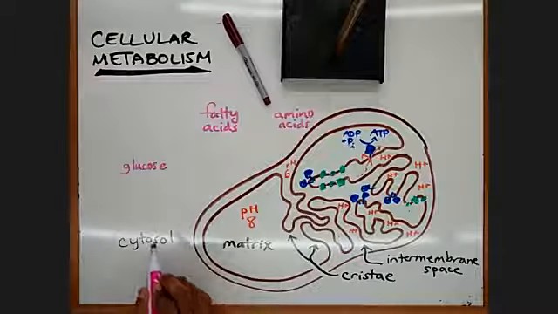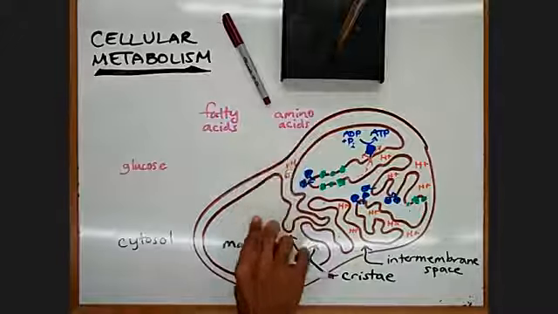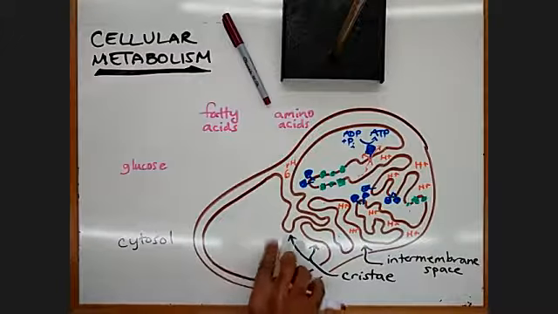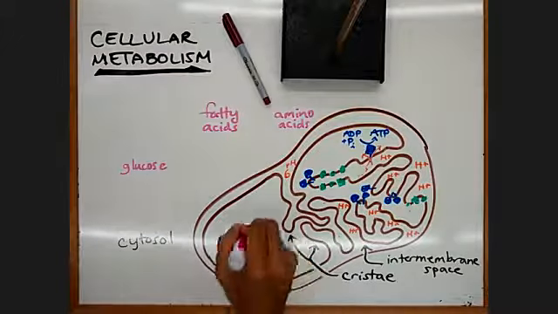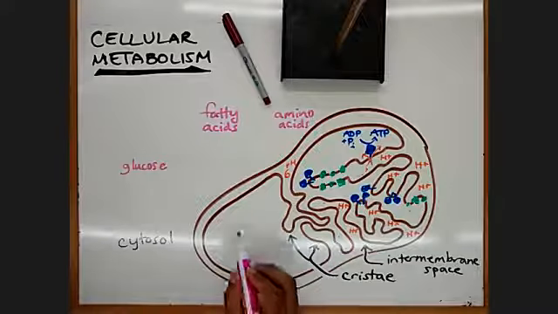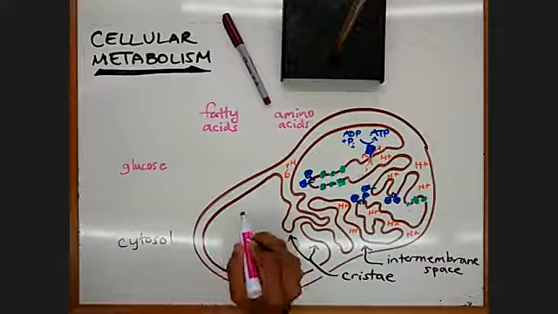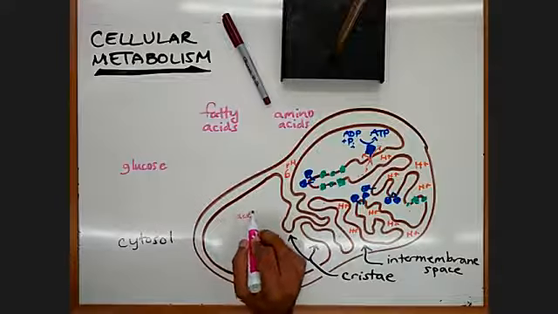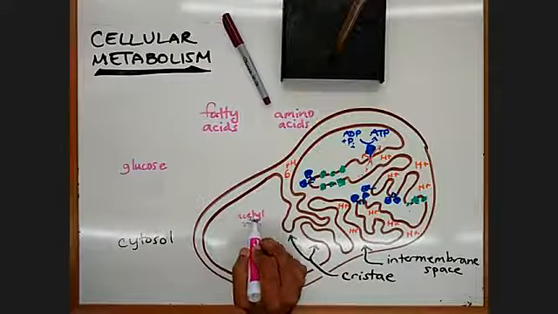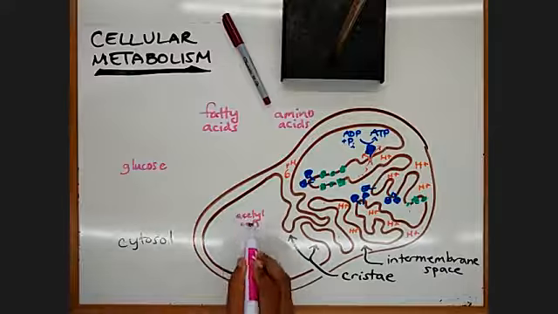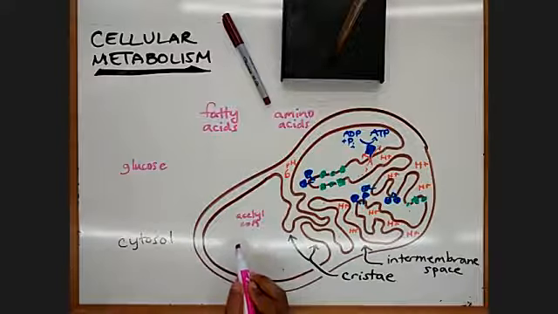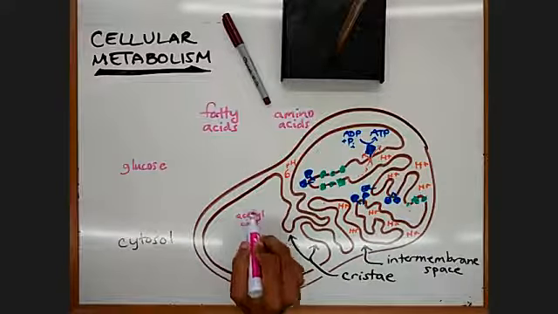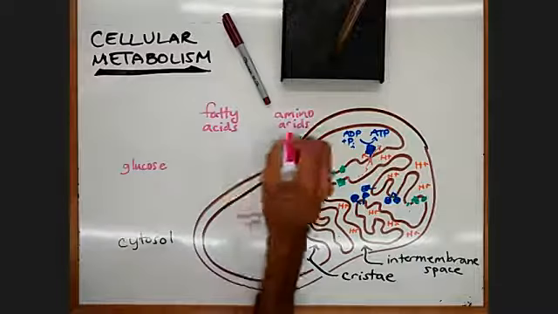Now, regardless of whatever fuel you're using, all 3 of these are going to lead to typically one breakdown product that is used inside the mitochondrion. And inside a mitochondrion, the breakdown product of these is known as Acetyl CoA. This is just an acetate group attached to a vitamin. So this is Acetyl CoA, and we're going to break these things into this.